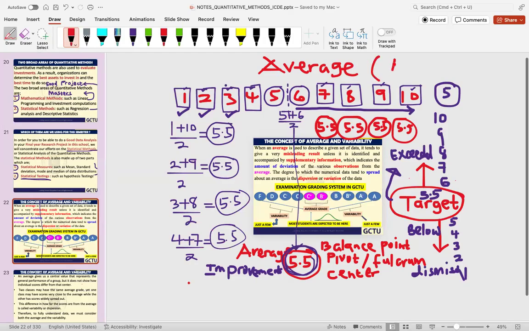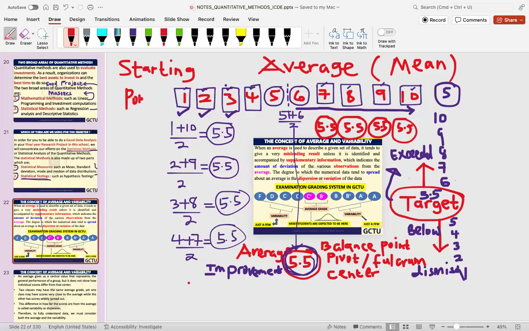In some books, it is known as the mean. That is the first metric, because that also serves as our starting point. For every activity, there must be a starting point. So the average in our analysis will become our starting point.